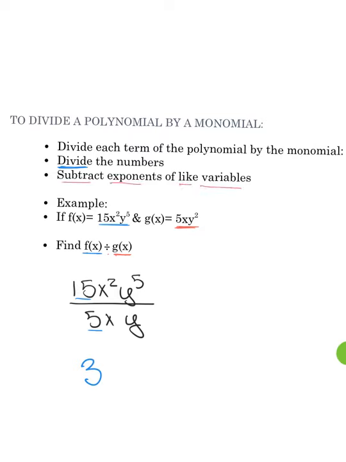Here I have an x squared and an x to the first. 2 minus 1 is 1, so x. You could put a 1 here, but you do not have to when it's a 1. If I look at the next variable, I have y to the fifth and technically y to the first. 5 minus 1 is 4, so y to the fourth. That is my answer.